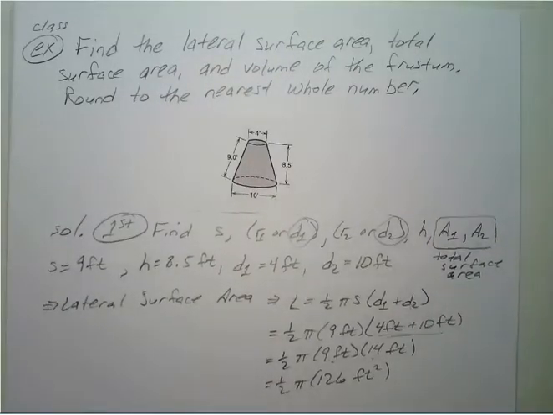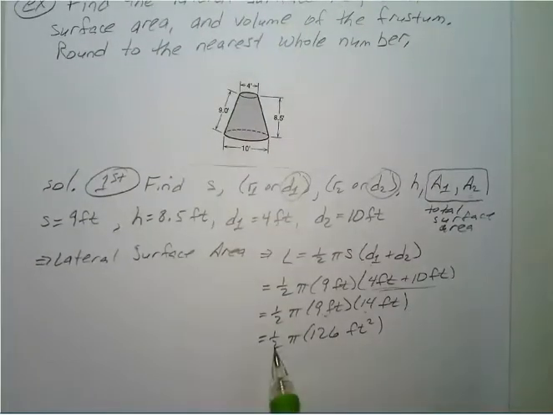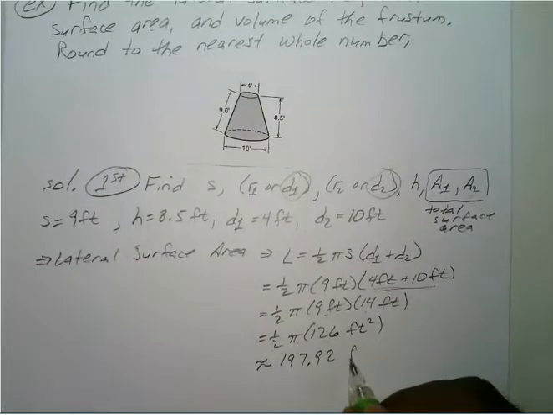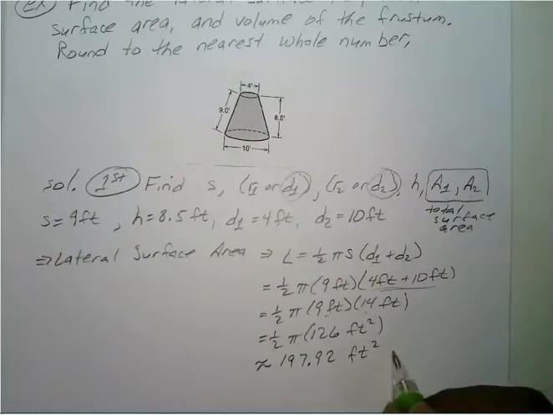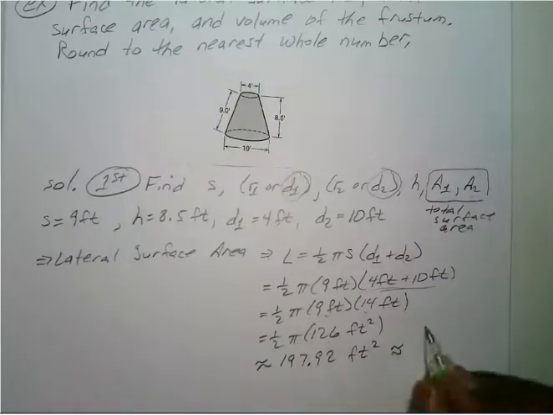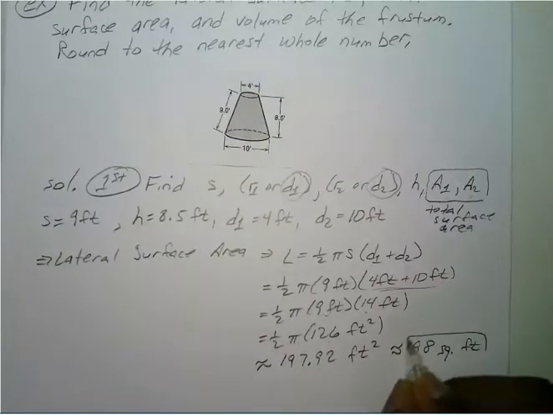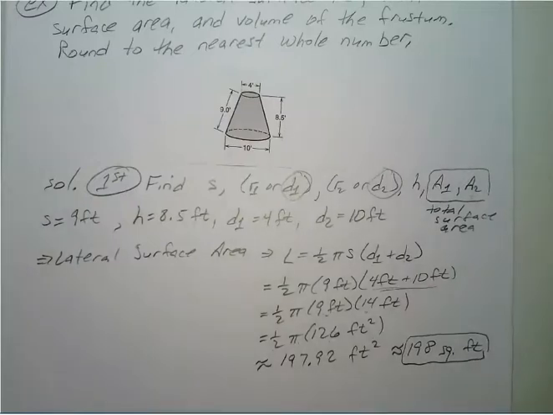Same thing. Okay, so you have 0.5 times pi times 126 will be approximately 197.92 square feet. Since we want to round it to the nearest whole number, you have about 198 square feet. Okay, so that's our lateral surface area, rounded.